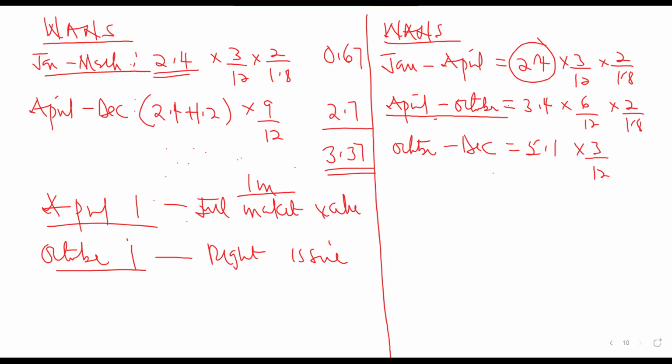It will affect. If you are doing the right issue first, let's assume that you have shares of 3 million. And there's a right issue element of 1 million, and you have done a bonus issue again after the right issue, which is 1 for 2.